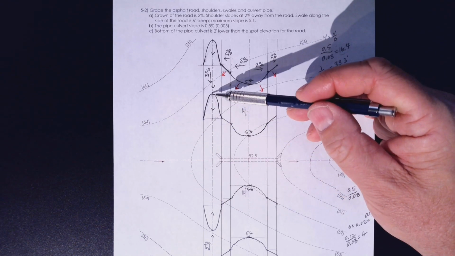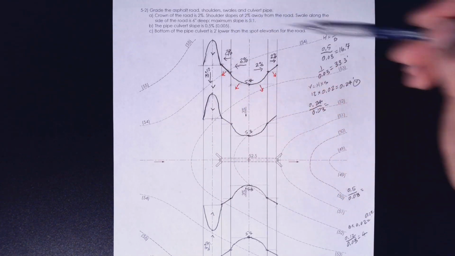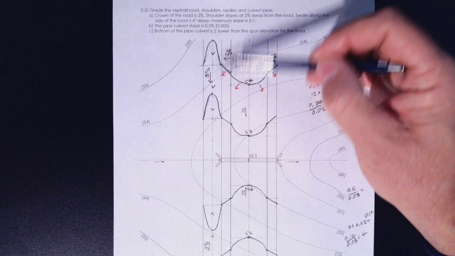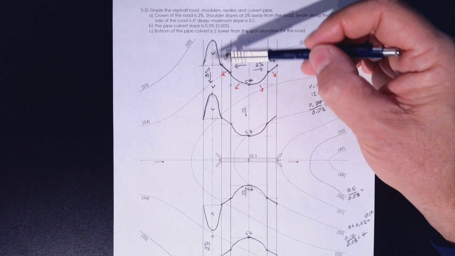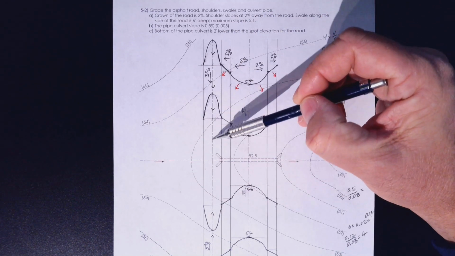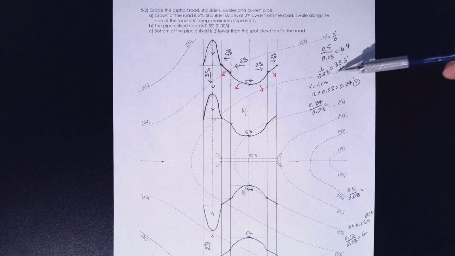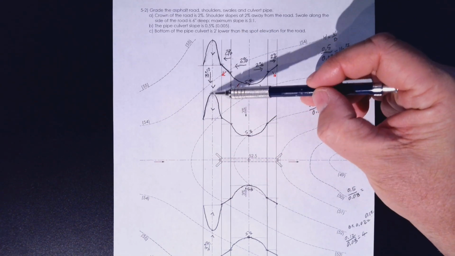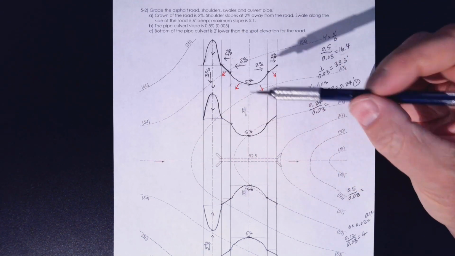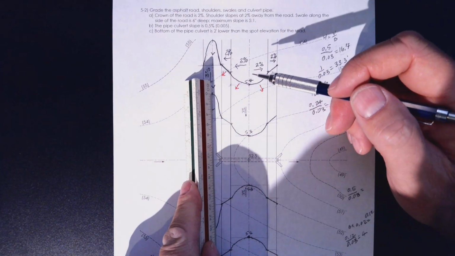So this contour from here to here is 33.3 feet, and so this is 54, 53, 52 is going to be another 33 feet away, right? Same distance as here to here. So let's just measure that on both sides.